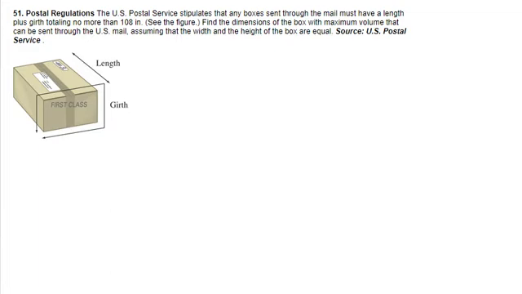We know that the wraparound of the box must be no more than 108 inches, and we're trying to maximize the volume.